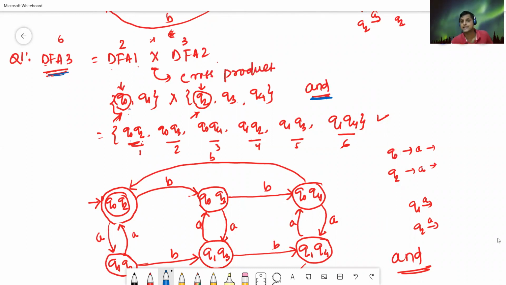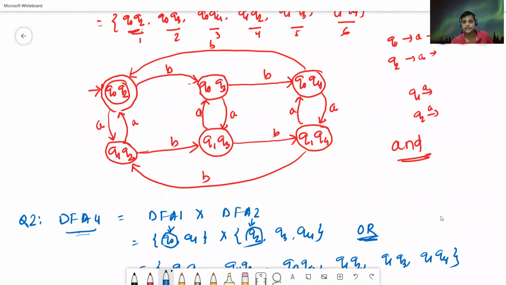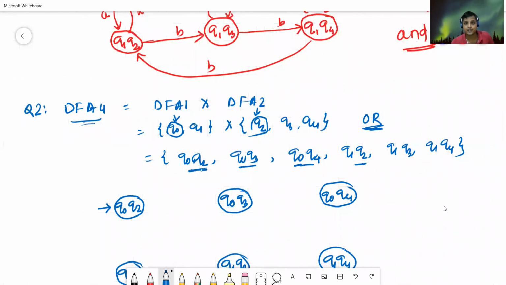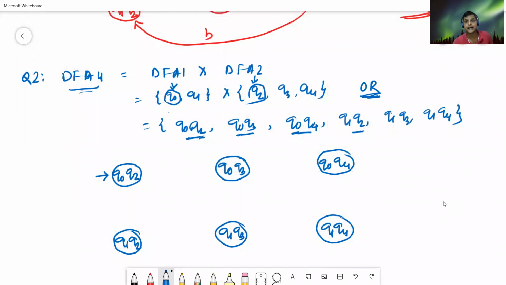But in this DFA 4 case, which state contains either Q0 or Q2. Just remember, this is the difference between DFA 3 and DFA 4. There is only one difference, just the final state.